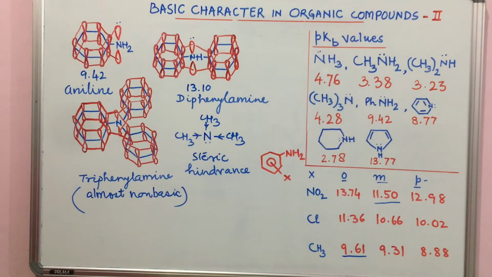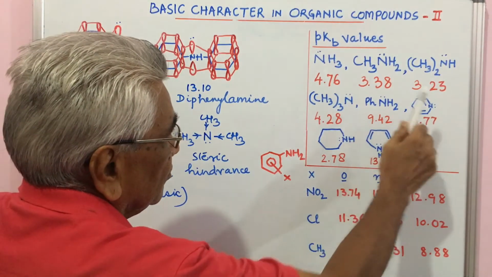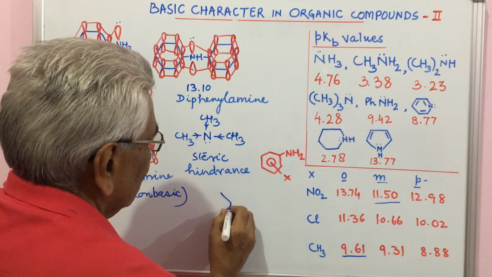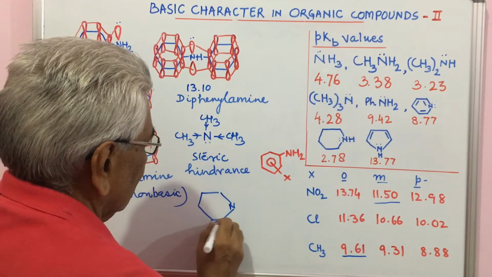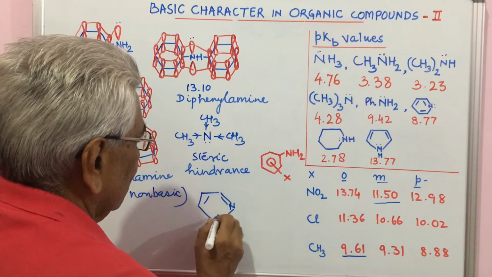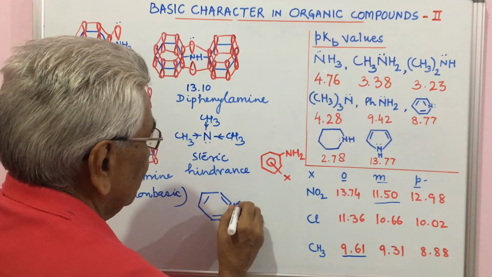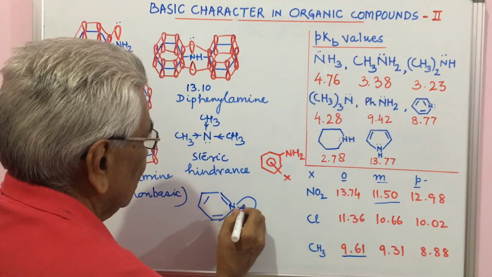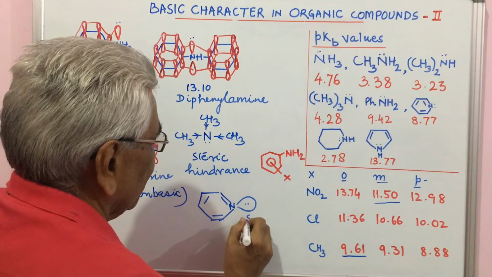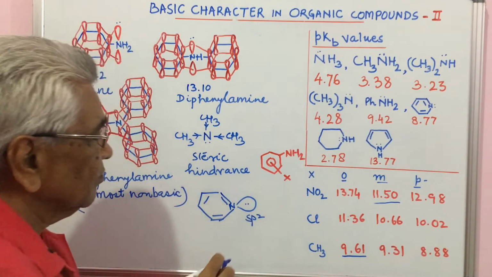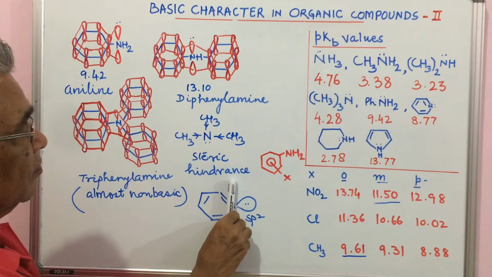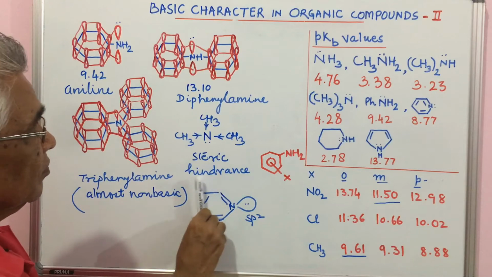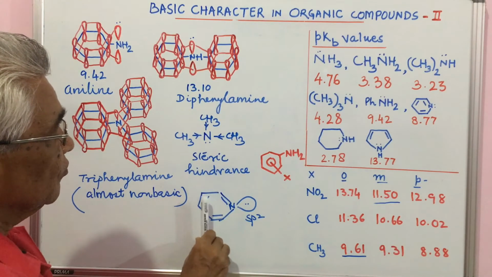In pyridine, you have this electron pair in sp2 orbital. The p on nitrogen overlaps with the ring p orbitals forming a sextet.